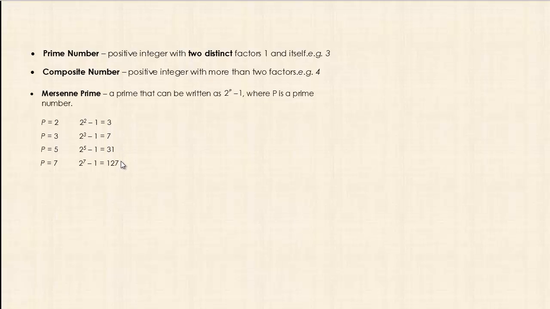All of these numbers are primes. But not all Mersenne numbers are primes. There's no formula that exists that just gives prime numbers. For example, 2 to the 11 take away 1 is 2047, which is 23 times 89.